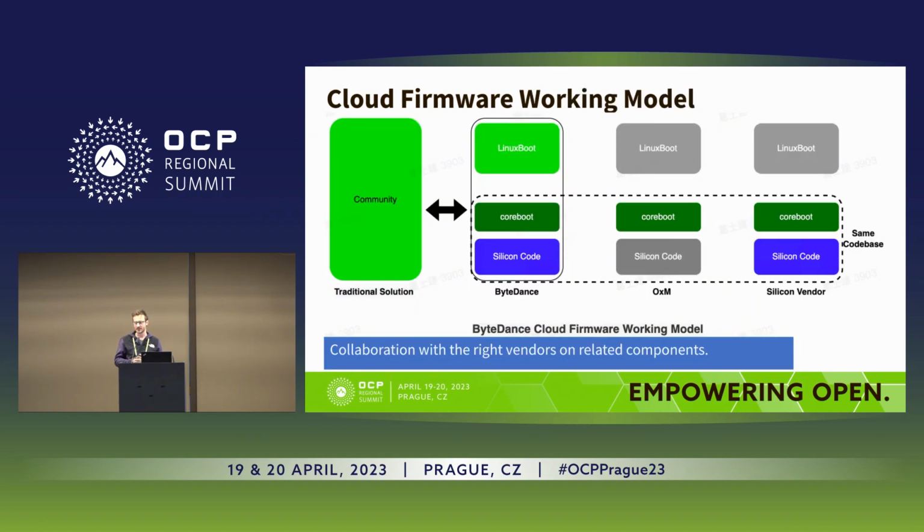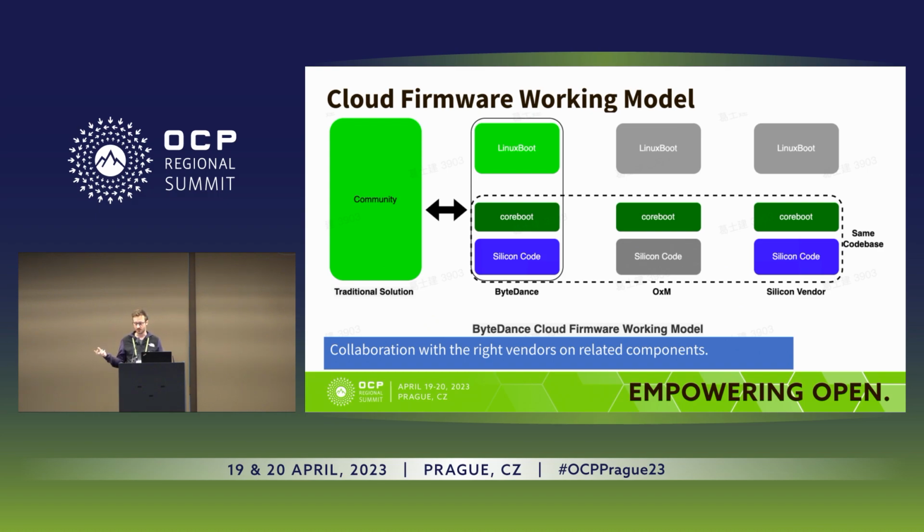The working model basically is how they did the collaboration. For the coreboot part, they pulled in a couple of OEMs and ODMs to really work with them on the coreboot low-level hardware initialization part. They worked with Intel on the whole silicon initialization and silicon code part, and ByteDance took care of their own LinuxBoot part, and everything was done in very close communication with the community itself.